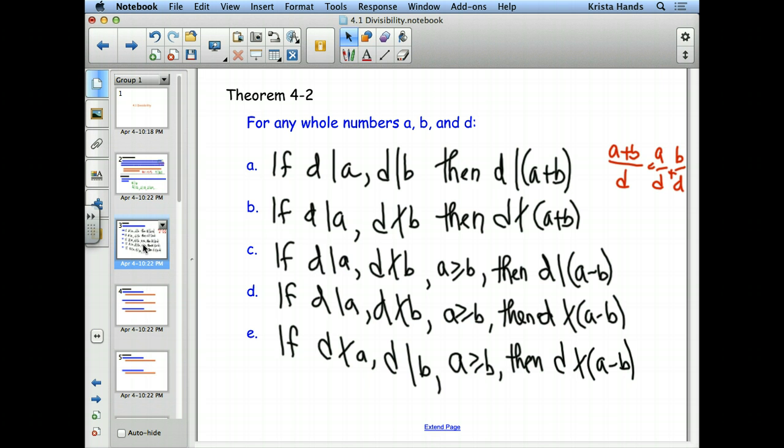So this is virtually the same thing that happened in part D. It's just got the divisibility different. So now if we were doing a number example, we could say 2 does not divide 15, right? But 2 does divide 6. Well, if I take 15 minus 6, it's still not going to work. 15 minus 6 would be 9, so 2 is not going to divide 9.